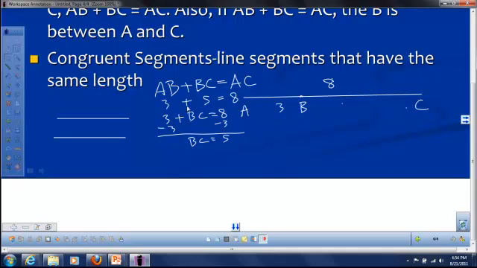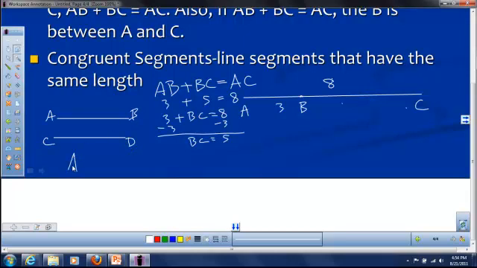The symbol for congruent, let's say I call this A, this B, this C, and this D. The first thing I'd have to do is say AB with a segment above it, and then we'd use this symbol for congruence, and we'd write CD.